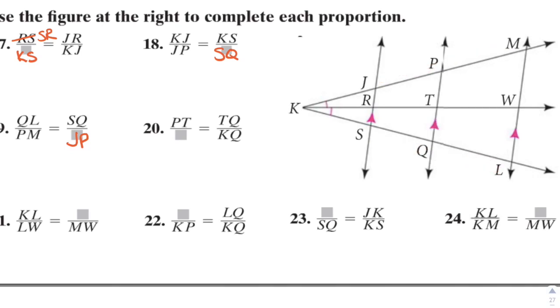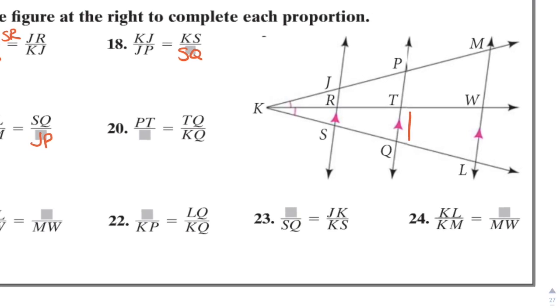Okay, the next one, let's start with TQ and KQ. So TQ and KQ as PT. Again, I don't like this order.